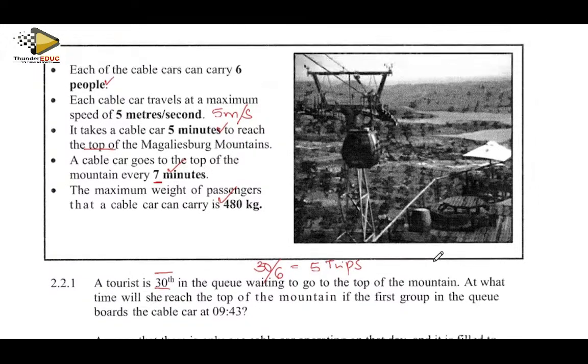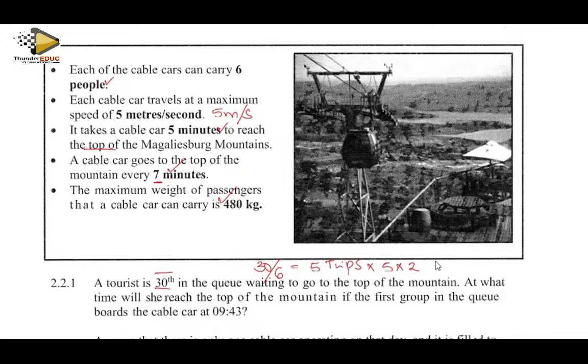Now, of the 5 trips, we need to calculate, one, the time used going up, so we multiply it by 5. And also the time to come back, bring them down, times 2.